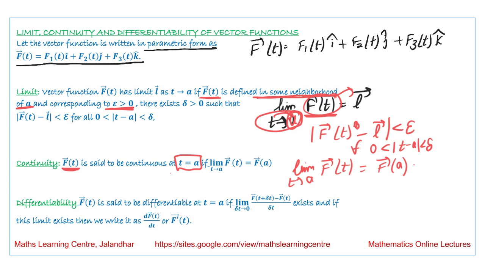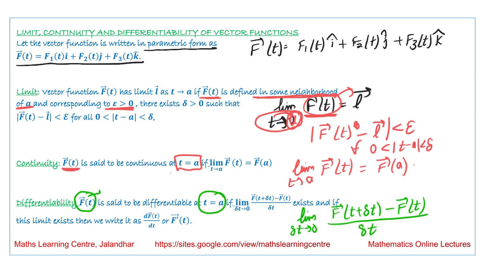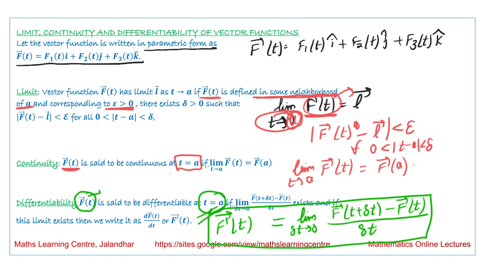The function f vector t is said to be differentiable at t equal to a if the limit as delta t tends to 0 of f vector t plus delta t minus f vector t, over delta t, exists. Then we write this value as f dash of t. This is the condition for differentiability of a vector function.